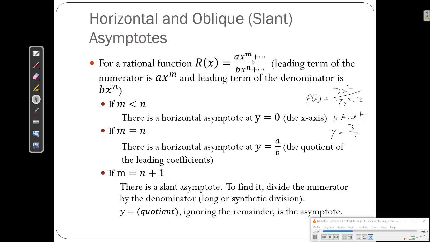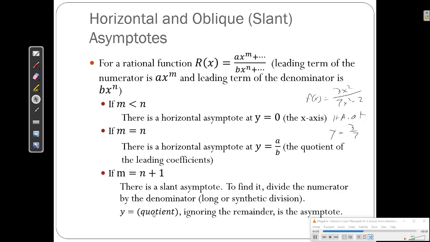Those are both polynomials, so to divide them we've got to do polynomial division, either long division or synthetic division. Not the only time we're going to see long division in this chapter. But y equals the quotient, ignoring the remainder, is the asymptote. That'll save us some time on the division, because we won't have to calculate the remainder. We can just stop when we get the last term of the quotient.